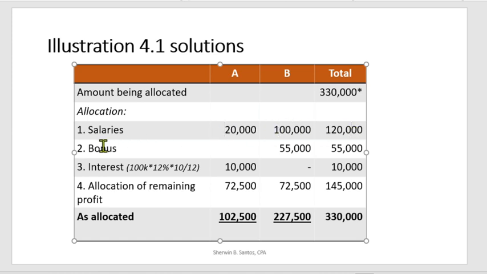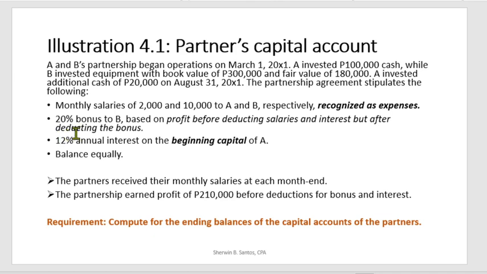The bonus, how do we compute for the bonus? Ang sabi dito sa previous, the bonus is 20% based on profit before salaries, interest, but after bonus.